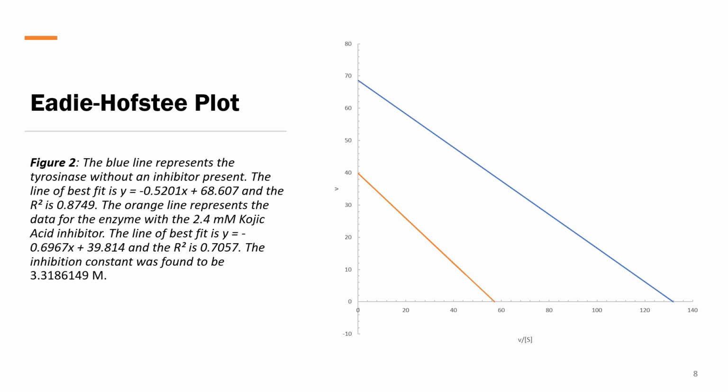And then the R squared value is 0.7057. And then the inhibition constant, or that Ki that was found, was 3.319 millimolar. So that really shows us quite well that when the inhibitor is added, the Km drops, the V drops, everything is decreased quite significantly.